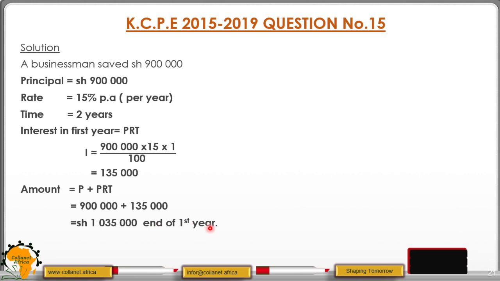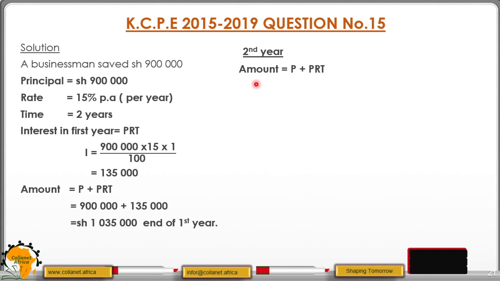Now we move to the second year, and in the second year we are going to use this one as the principal. We are not going to use the original, we are going to use this one, which was at the end of the first year. So for the second year, to get the total amount like we have done here, you say principal plus PRT, principal rate times time.